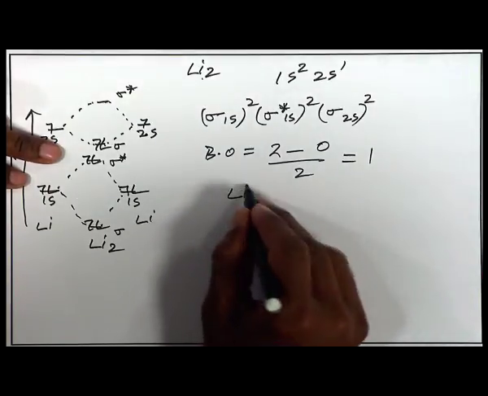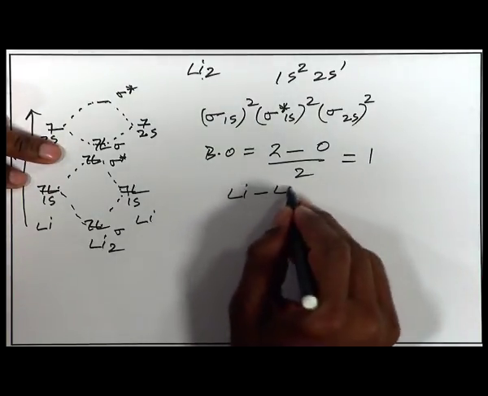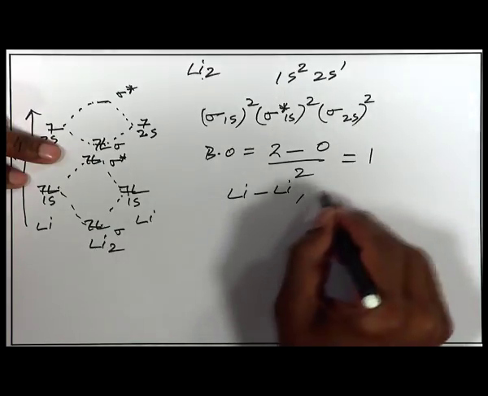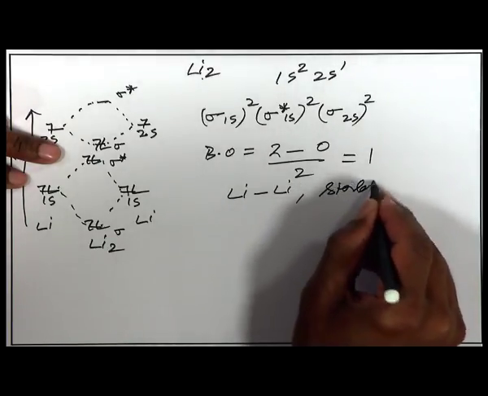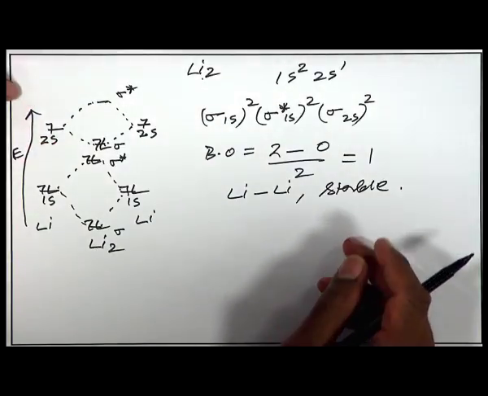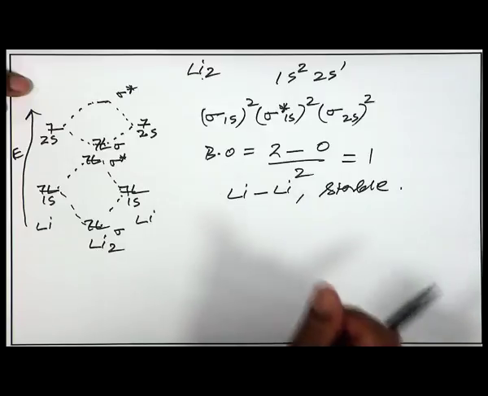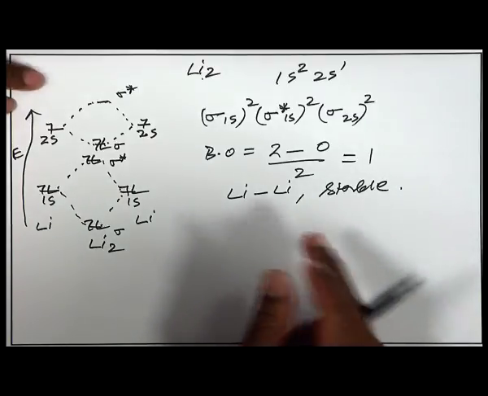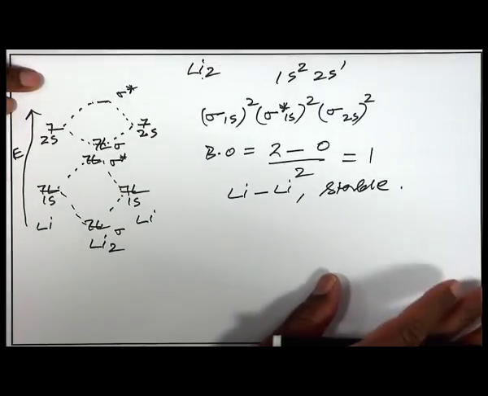So, there is a bond between the 2 lithium atoms, a single bond is formed. So, it is stable. That is how we can talk about bonding between atoms as far as molecular orbital theory is concerned. Thank you.